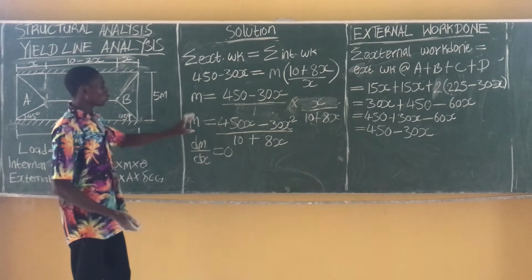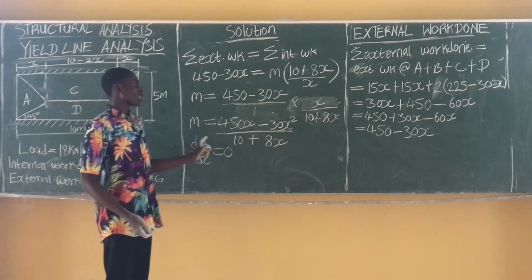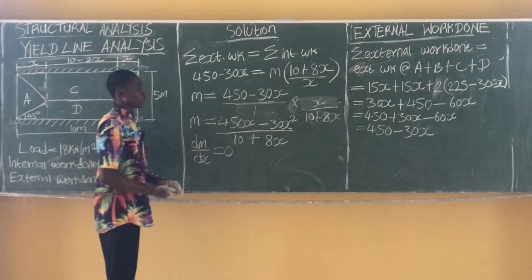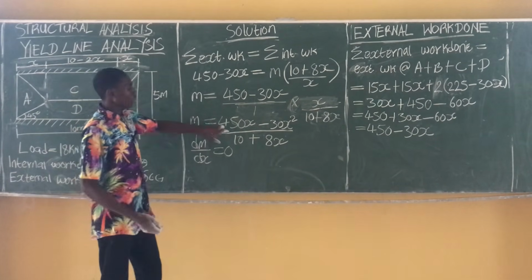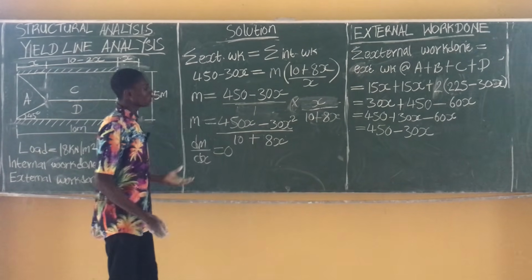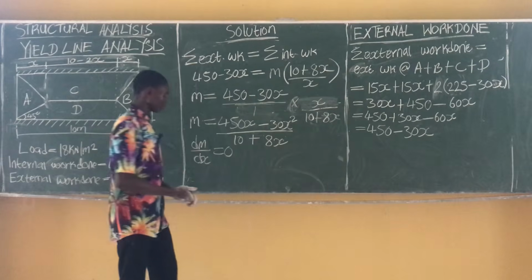Hence, our next task will be to differentiate this moment with respect to x. To differentiate this, we can see that we have a numerator and a denominator. Hence, what method do we use? Quotient rule.